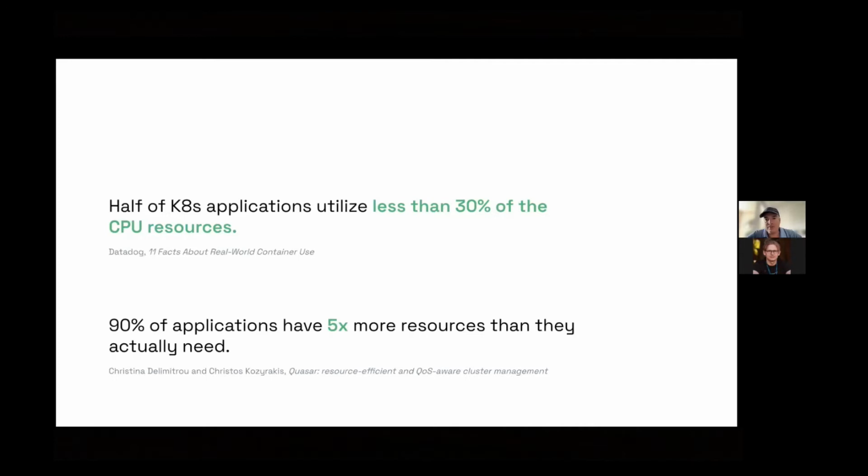It's exactly the same for memory. I think for memory it's 29%. But think about this. If you take half of the world of Kubernetes, half of that world is over provisioned more than 3 times.